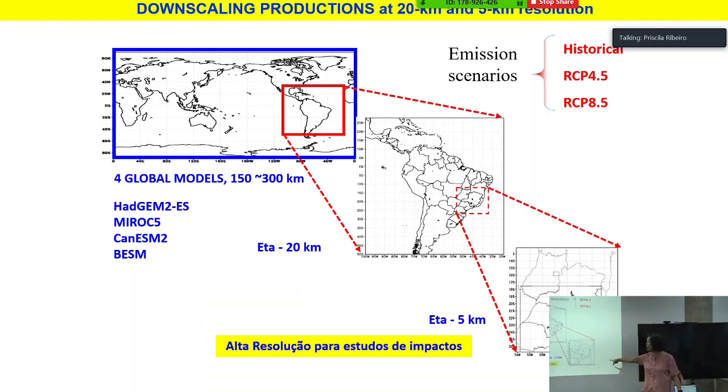And this one also only has 2 scenarios, only has 1 global model with 2 levels of emission, because it's a lot more computer consuming. But it was used for people working with impacts in cities, because previously they had done some work for metropolitan areas using a 40 kilometer. 40 kilometers is very coarse for the city, and then we used 5 kilometers in this area.